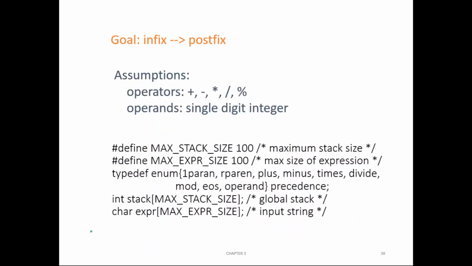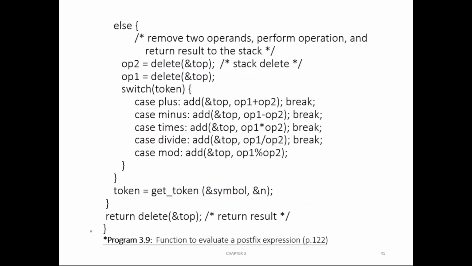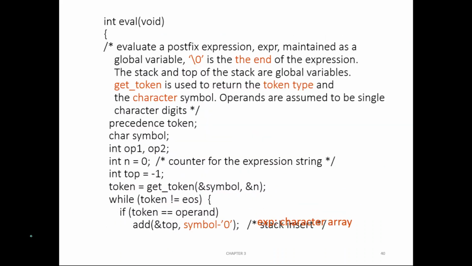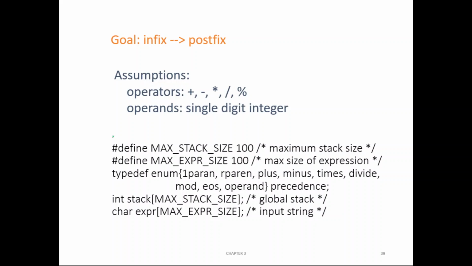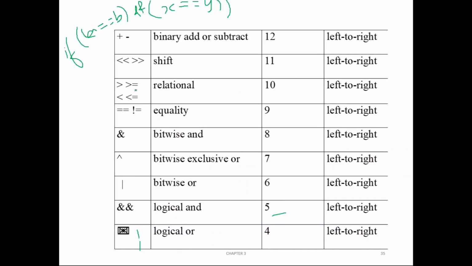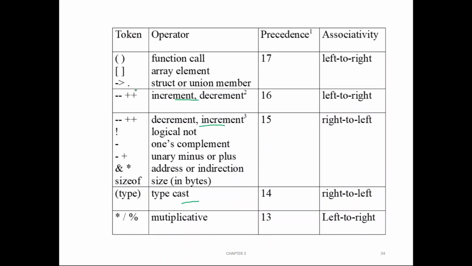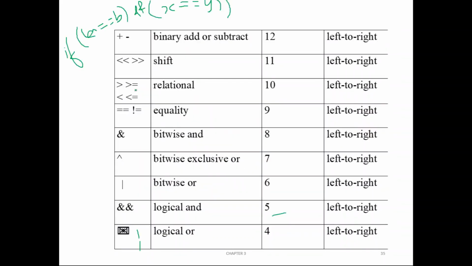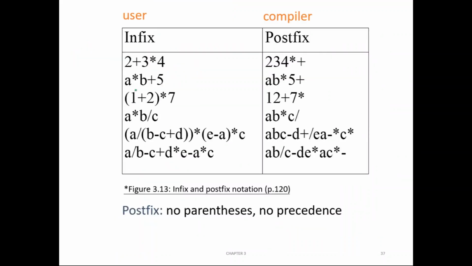So here is a simple logic which is given. In this program there are some assumptions. If you see this table for associativity and precedence, there are many operators. This program is not to deal with all these operators, because if you want to deal with all the operators then the program will become very complex.